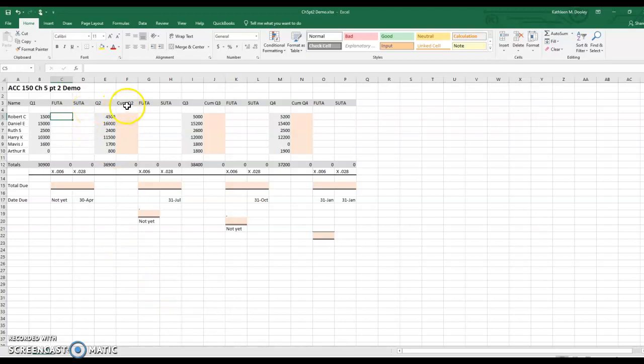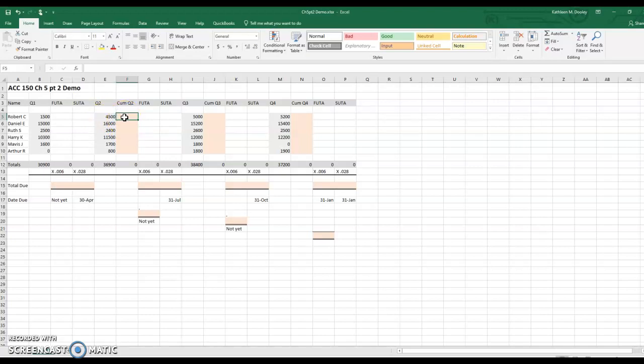I also have these columns called cumulative quarter 2. That's going to be quarter 1's gross wages plus quarter 2's gross wages. Technically that's the ending cumulative gross wages, because it's after the end of quarter 2.